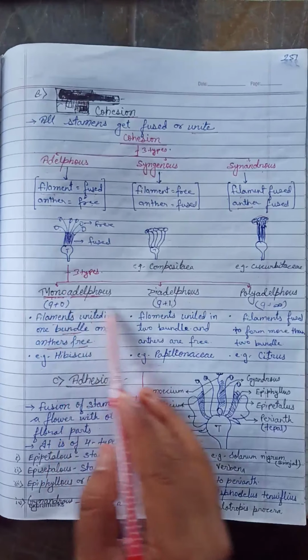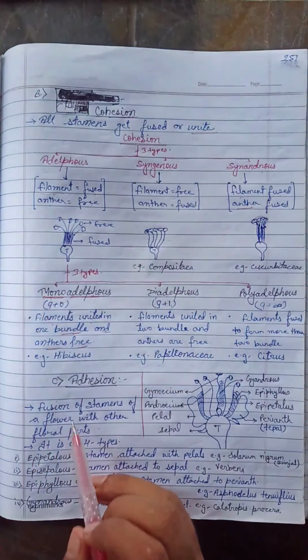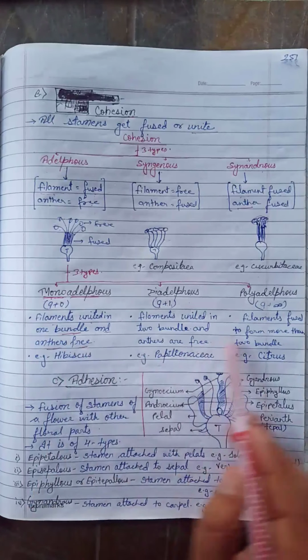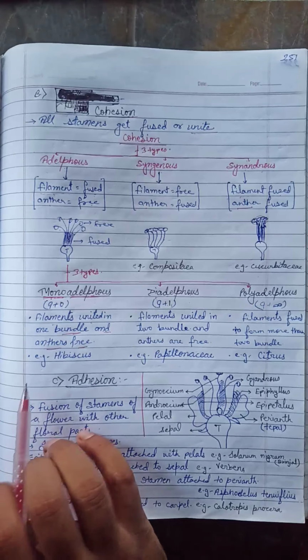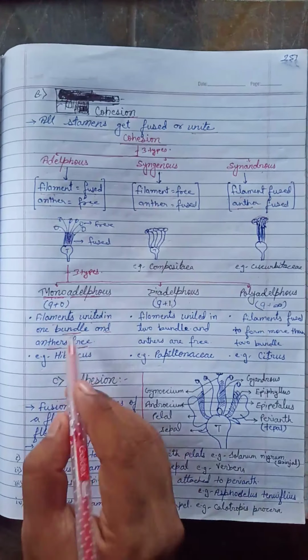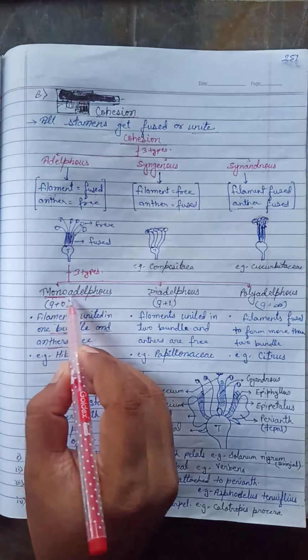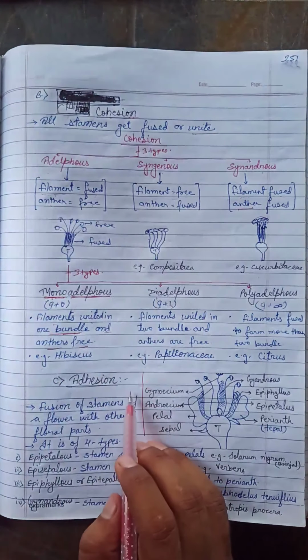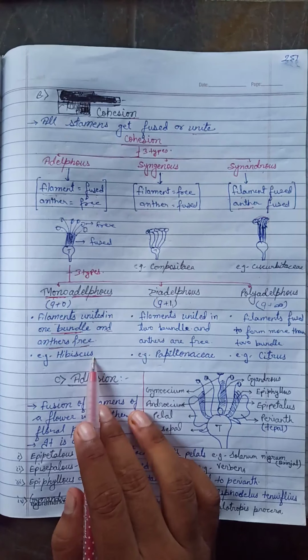Because these are all varieties of the adelphous condition, in each category the anthers are free. So filaments united in a single bundle is called monoadelphous, and it is common in the hibiscus flower.